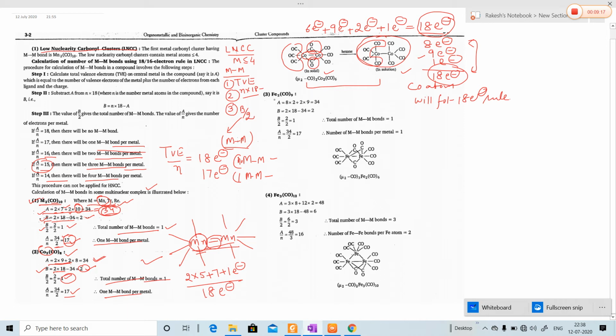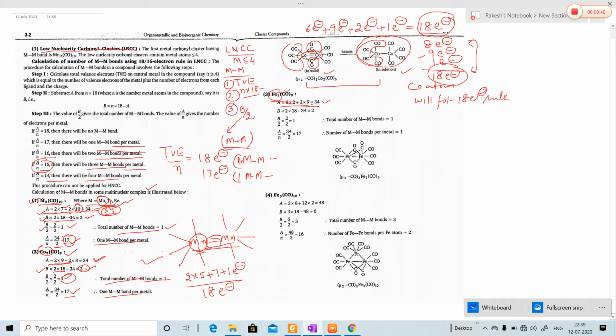Similarly, in the case of Fe2(CO)9, we have to calculate the total valence electrons. There are 8 electrons in the valence shell of the iron family, so 8 into 2, plus 2 electrons contributed by each carbonyl.